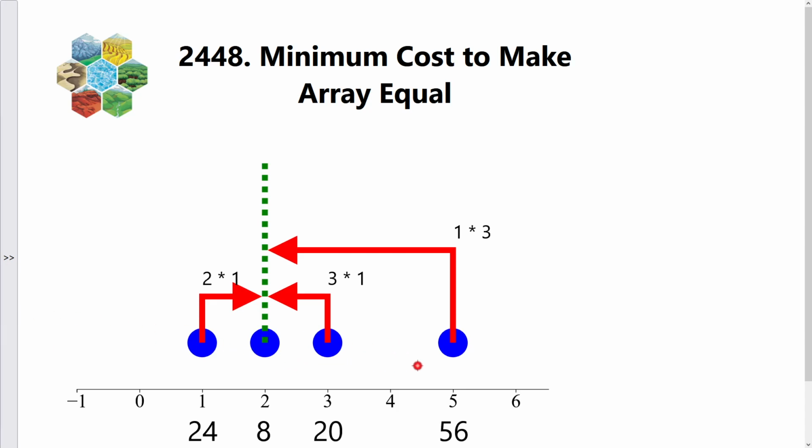Now we are going to move all the blue dots together, and we will choose a position to move them together so that the cost is minimized.